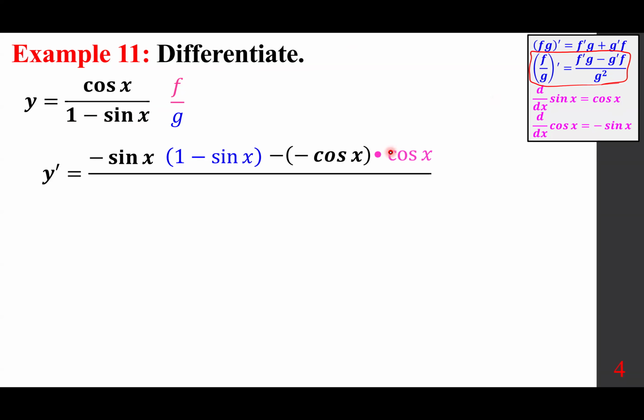Let's distribute. This is minus sine x, plus sine squared x, plus cosine squared x. And by the way, over the bottom, g squared, (1 minus sine x) quantity squared.